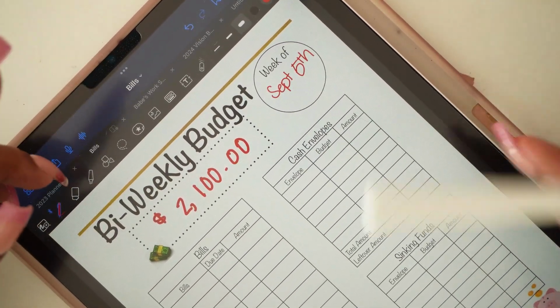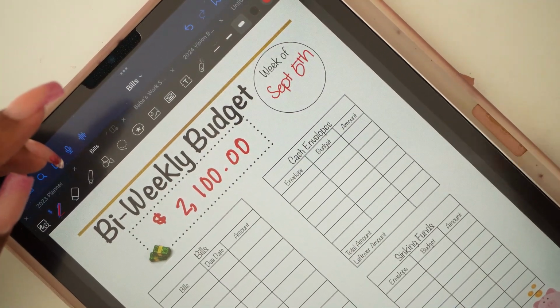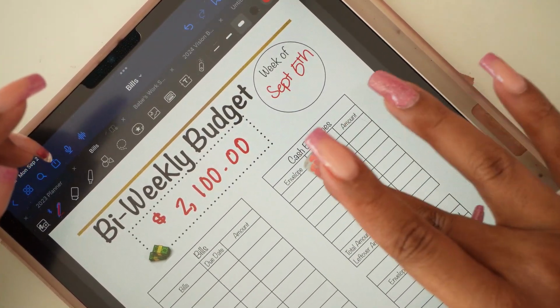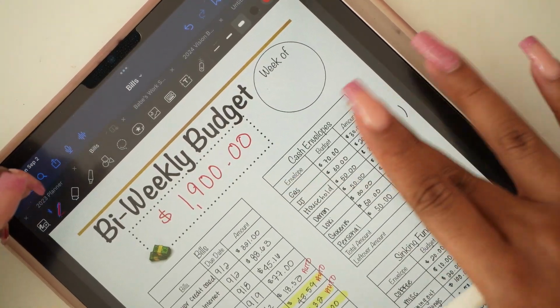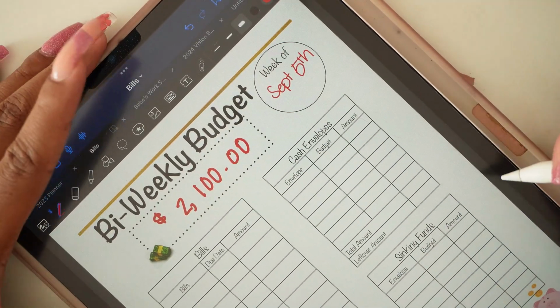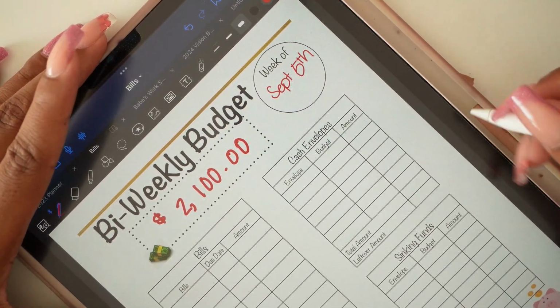Like if you watch my cash stuffing video for August 20th, I did get paid less, so for that one I only budgeted $1,900. So this week we're gonna be back to $2,100.